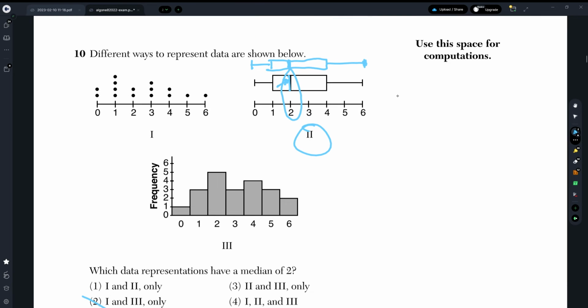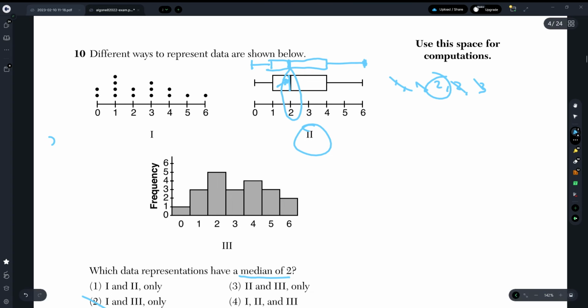Next, I'm going to look at answer choice 1, just because why not? So a median is the middle value. So like if you had 1, 1, 2, 2, 3, right? You order your pairs in ascending order, then you just cross them out, and you get the answer, right?